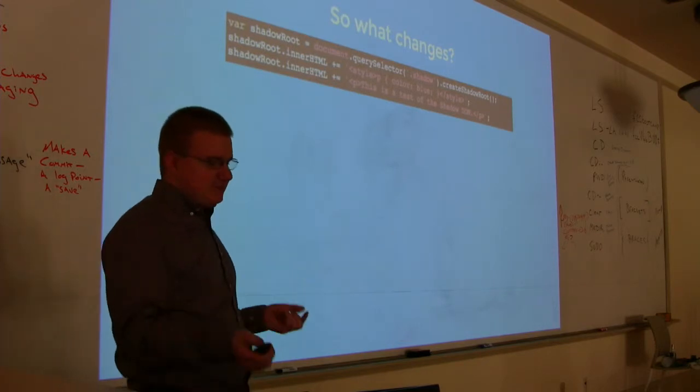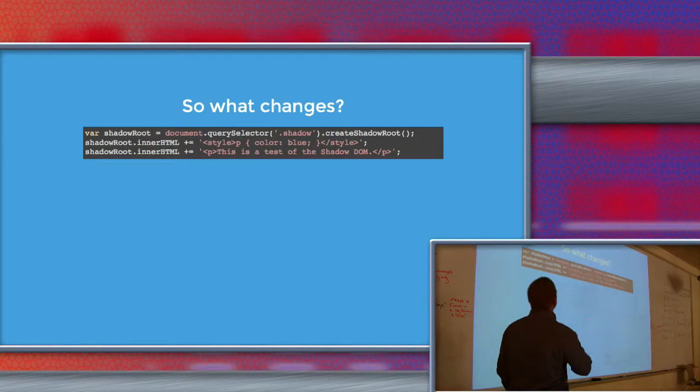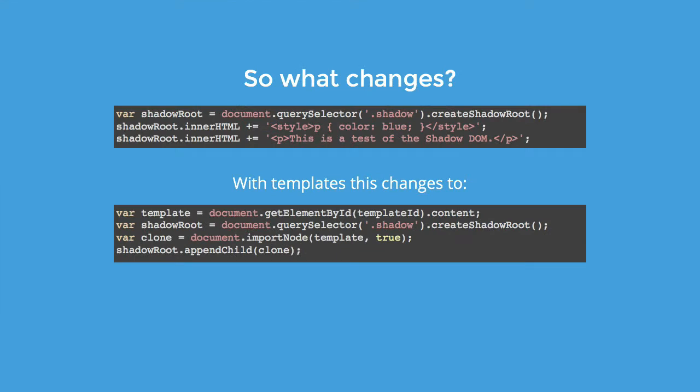So what changes? We've been writing this all week. We've been writing a lot of shadow.innerHTML plus equals. With templates, we can move this inner HTML into our template tag, access our template, we have our shadow root, and then clone our template and append that to our shadow root.